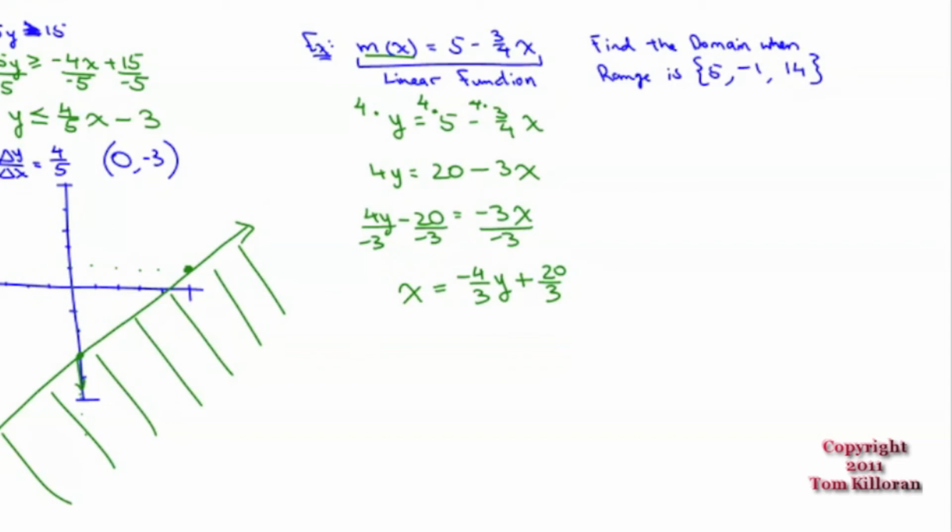All right, so we're going to start off with these things. Remember, range is a bunch of y equals. So if I plug in y equals 5, we're going to get x equals negative 4/3 times 5 plus 20/3. Ooh, fractions. Wonder if that'll be on my test. Yes, more than likely. What's 4/3 times 5? What should I do with the 5?